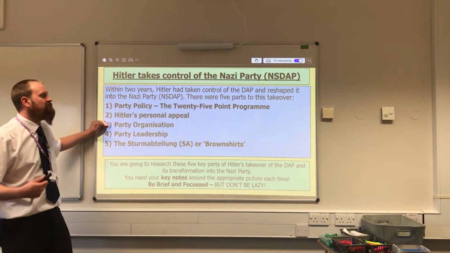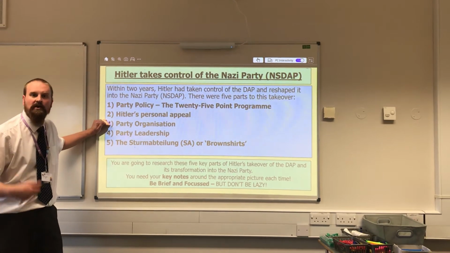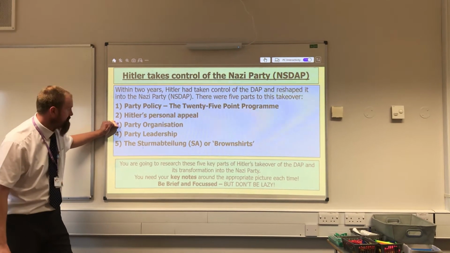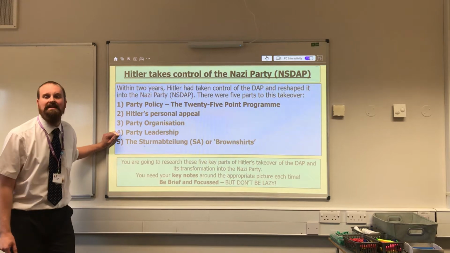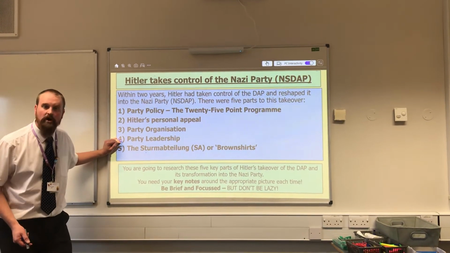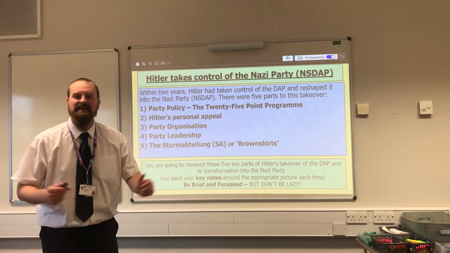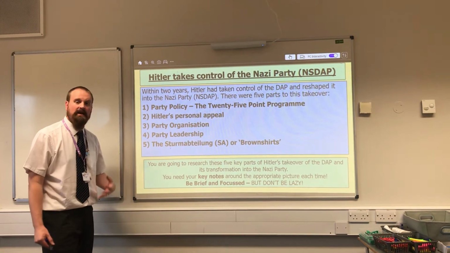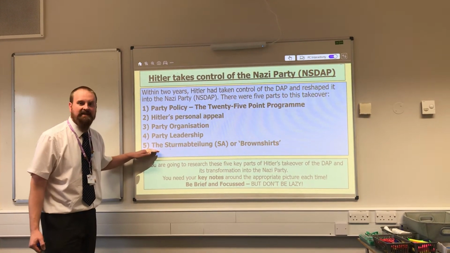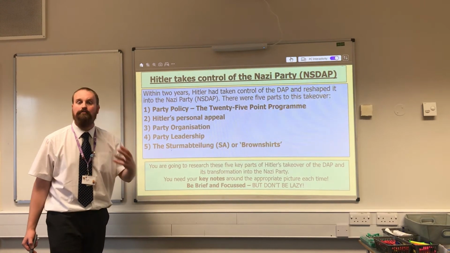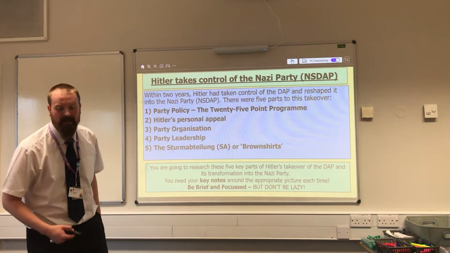Organisation might also include the swastika becoming their official flag, or the famous one-arm salute. We've also got the changes that Hitler makes to the party leadership, putting his friends, people from all aspects of society, in key positions, strengthening his leadership. And finally the SA, the Sturmabteilung, the brown shirts, who he uses to back him militarily.